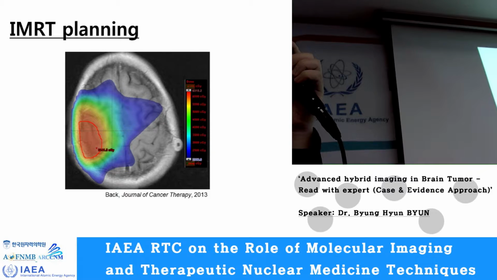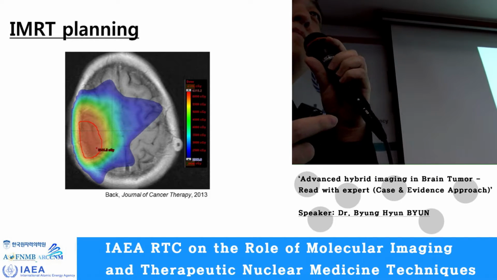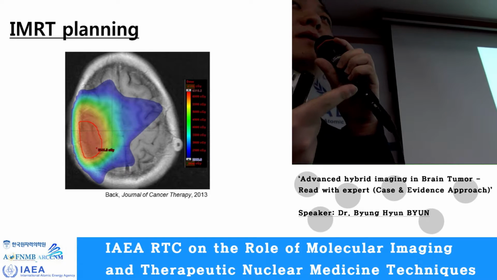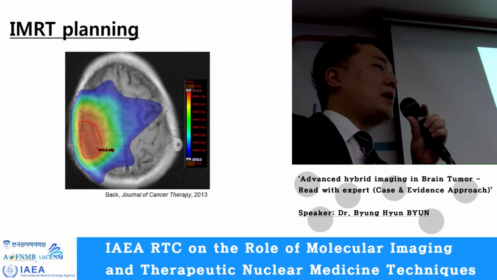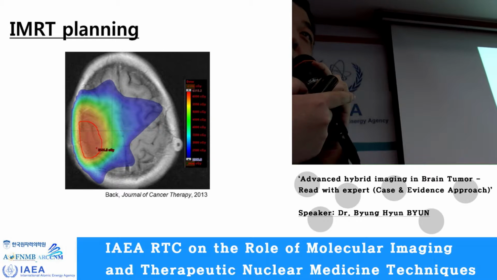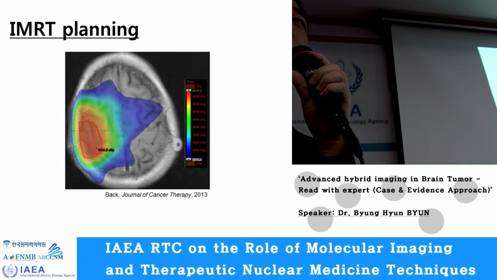But in clinical practice, it has a critical problem because nowadays, usually radiotherapy is composed of fractionated radiotherapy, right? But FDG PET is performed just before the treatment, not after each fraction of radiotherapy.